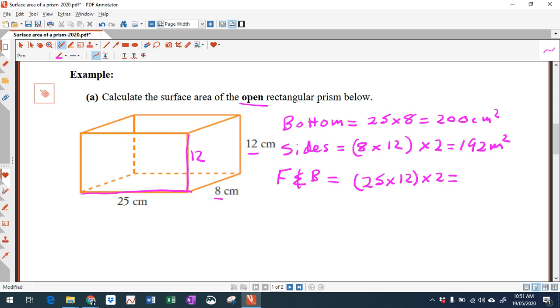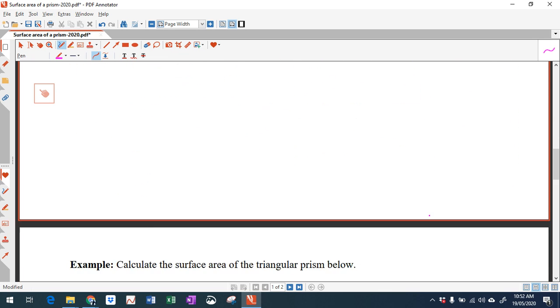So 25 by 12 by 2, 600. Okay, so the total surface area, now we're just going to add these three numbers together, should get 992. Okay. All right, what about the next one?